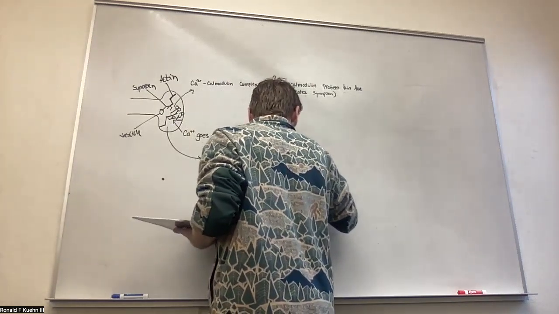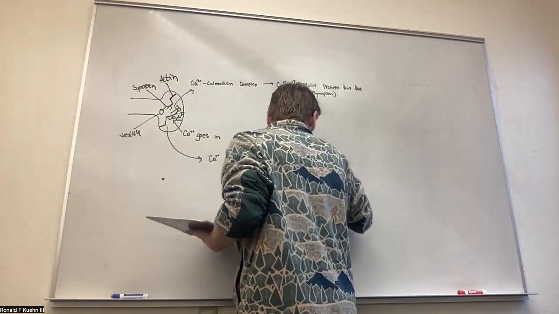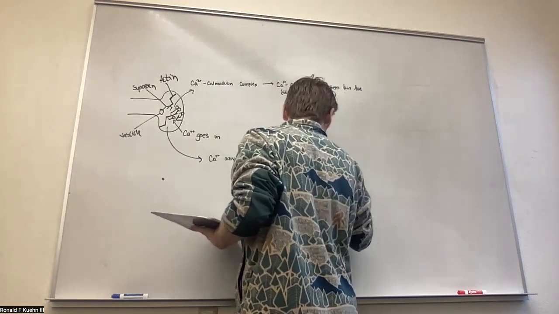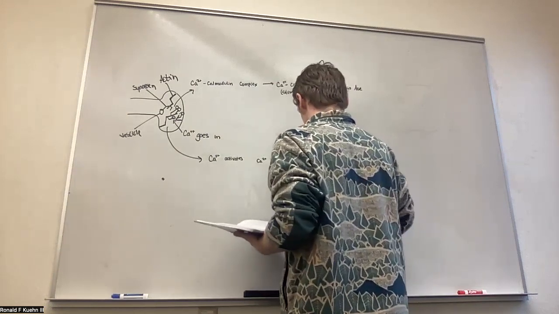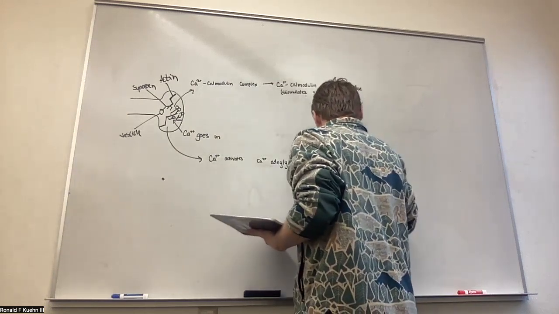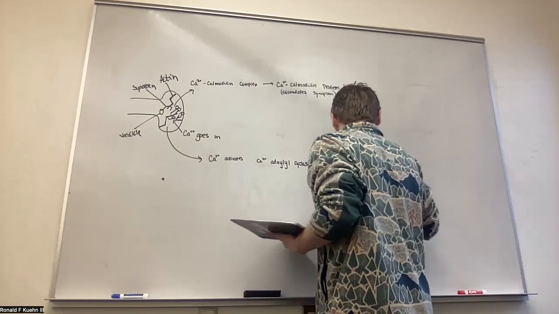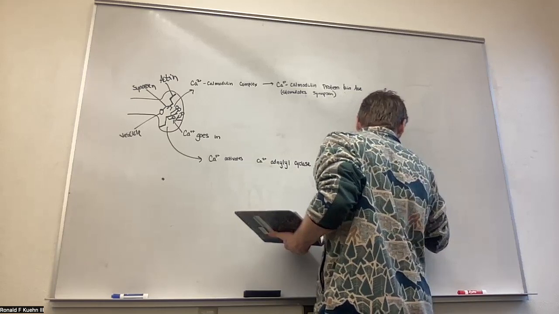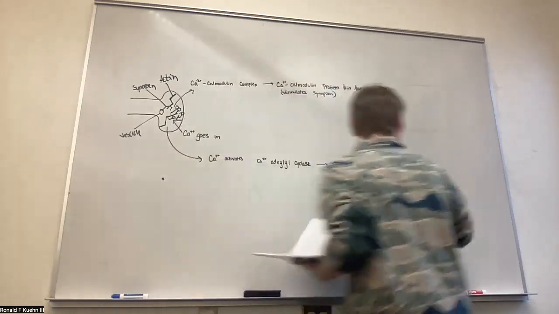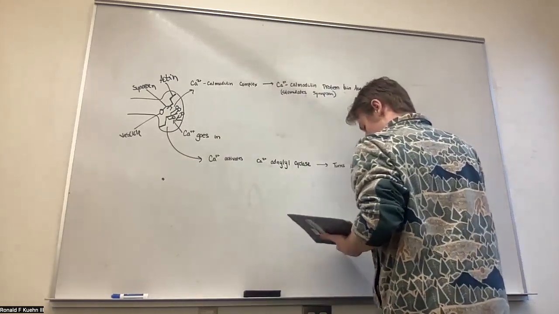Calcium then works with synapsin to release those vesicles. Vesicles contain neurotransmitters inside a synapse. As soon as calcium comes in, synapsin is like, let's go, now the vesicle can go do this thing.